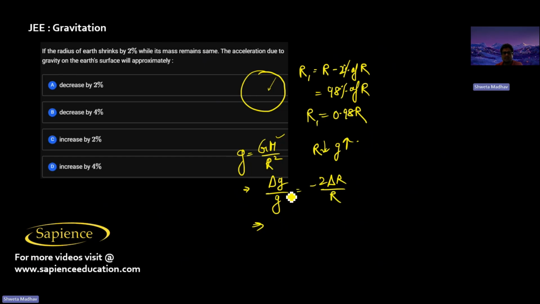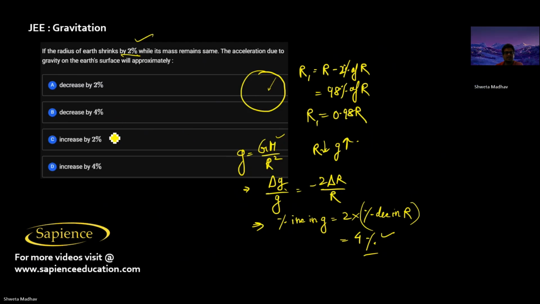Therefore, the percentage increase in g is equal to 2 times the percentage decrease in the radius. The percentage decrease in the radius is 2%, so the percentage increase in g will be 4%. So the acceleration due to gravity on the Earth will approximately increase by 4%. So option B is the correct answer.